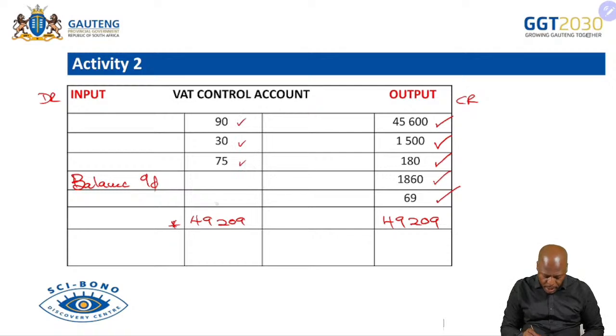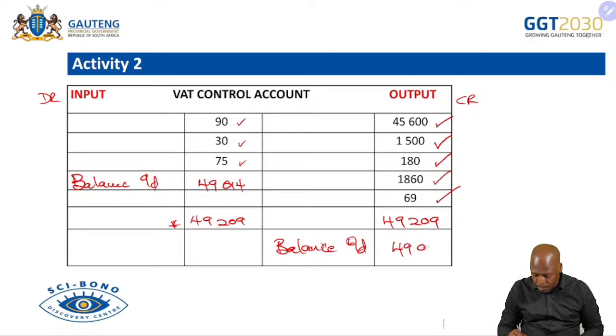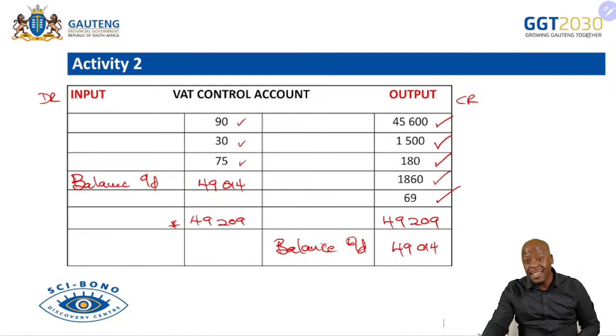And then I'm going to get my 49,014. Therefore, here it becomes my balance brought down, which is 49,014.